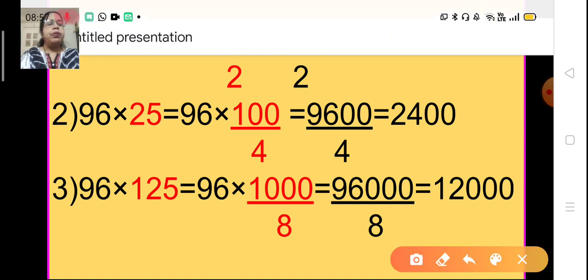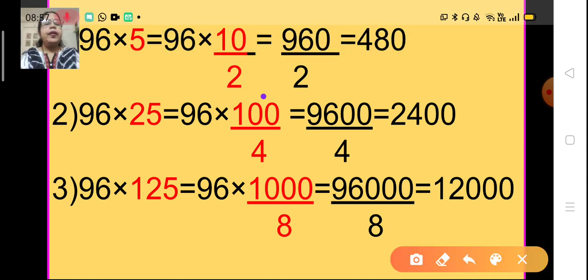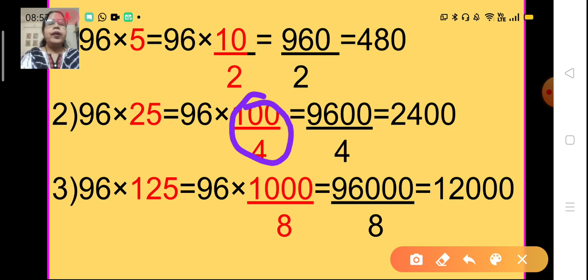Now, see the second one, 96 multiplied by 25. In place of 25, we take 100 upon 4. And dividing 96 by 4 is very easy. What do we get as the answer? We get 2400 as the answer.